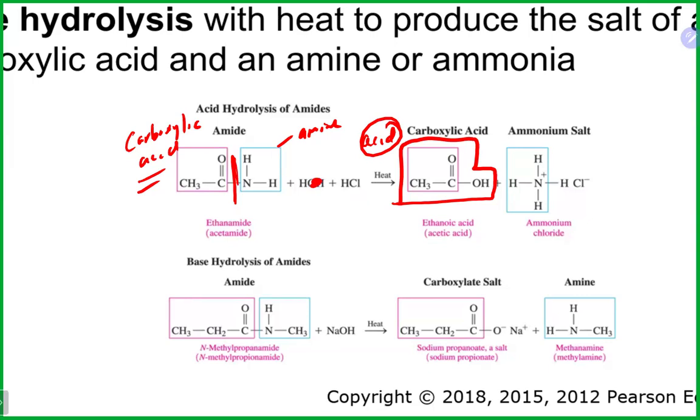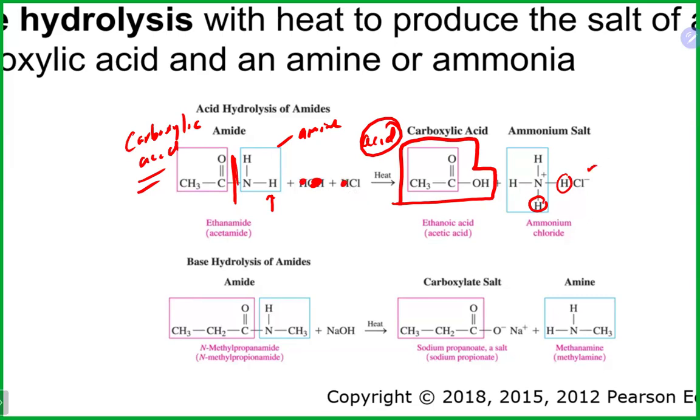So if you want to just keep track of it, take the OH out of there. That then leaves us a couple of hydrogens, and those hydrogens find their way back onto the other piece here. And obviously we have a chloride that's left over, just floating around.